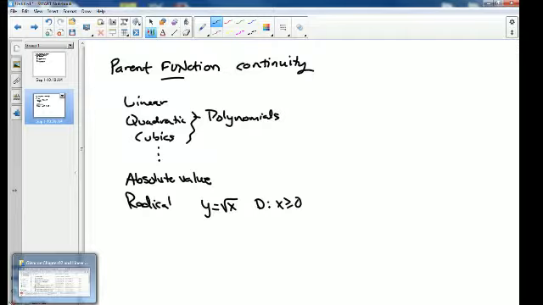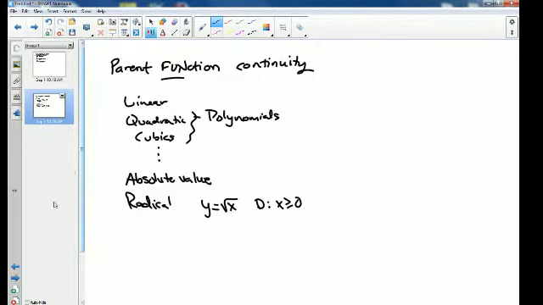Do you remember any of the others? What's the parabola one? The parabola is the quadratic. The cubic ones and all that are polynomials. What about absolute value? You can do the negative on the outside of your absolute value. And remember, what does that do to the function?